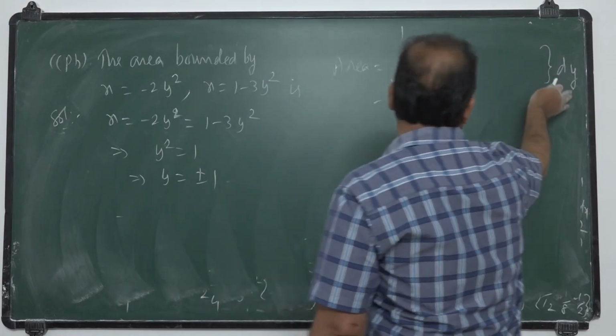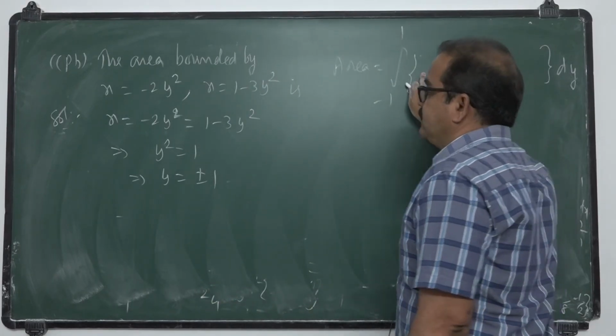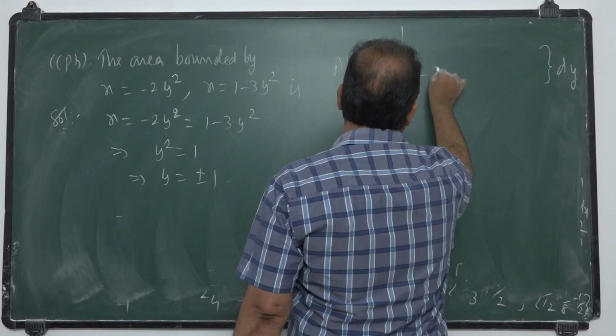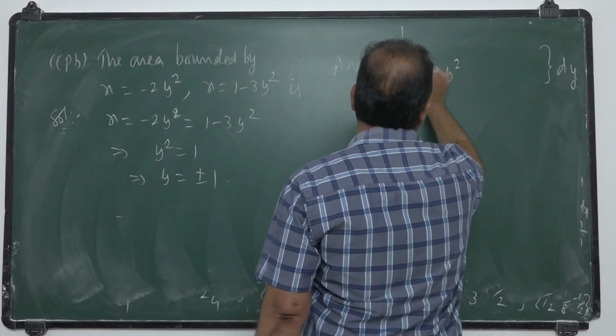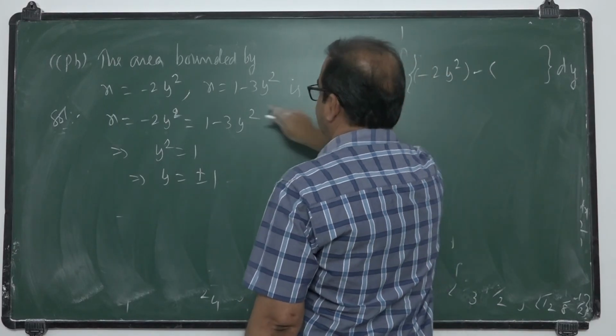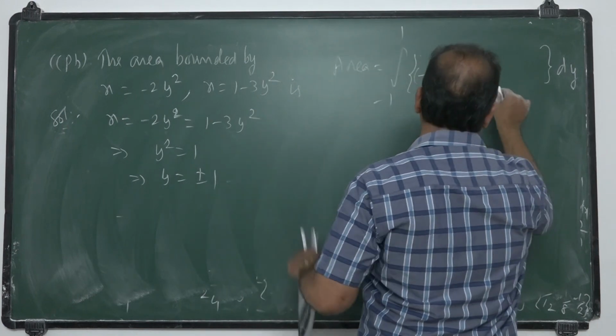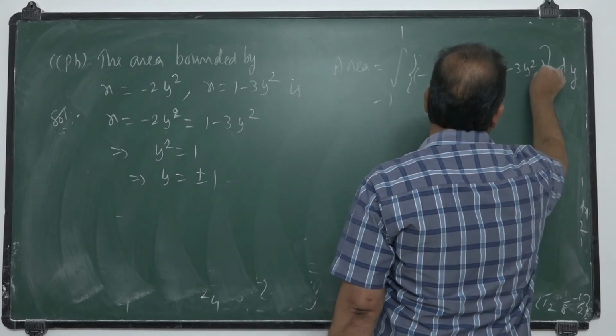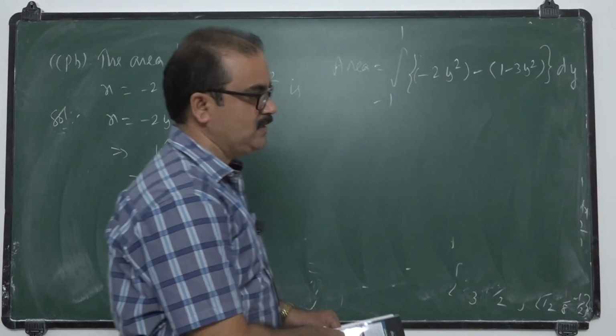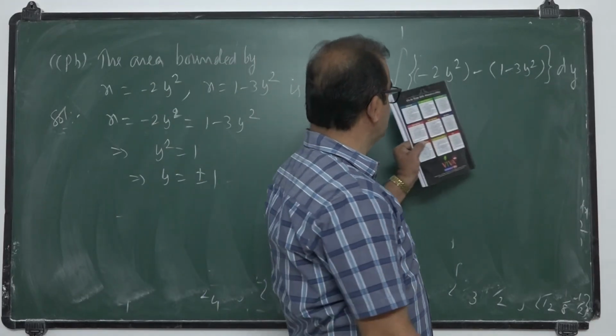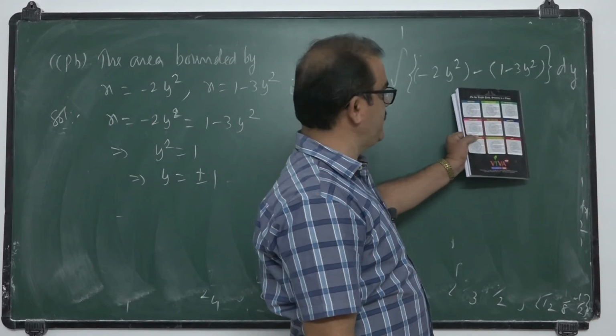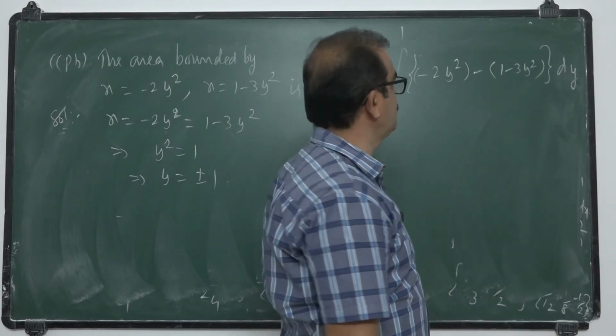If you consider the y-axis, you write x into dy. What is the x value? Minus 2y square. Minus, from the second curve, what is the x value? 1 minus 3y square. If you consider the y-axis, you write the function in terms of y and integrate with respect to y.